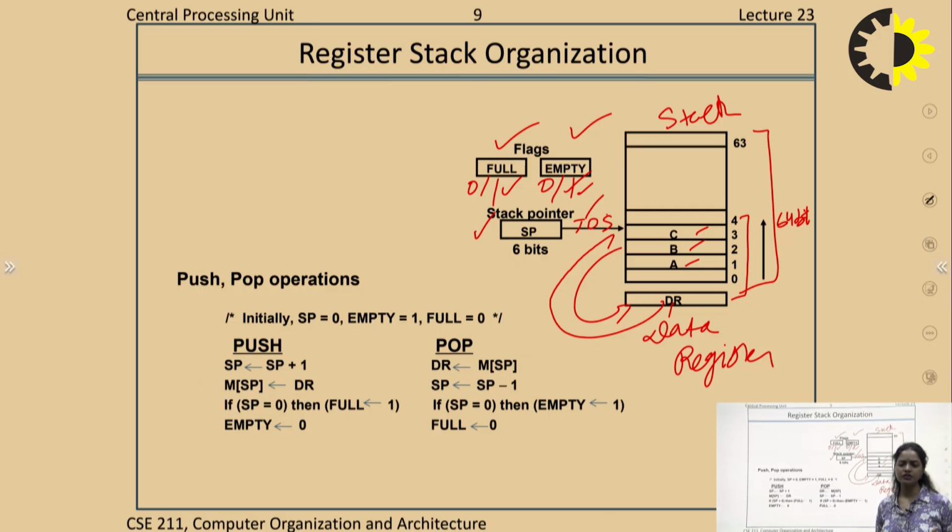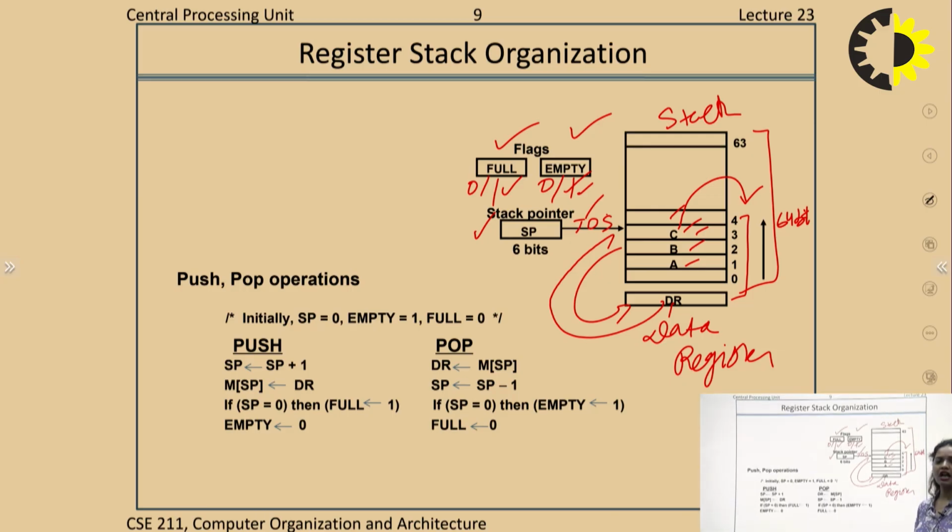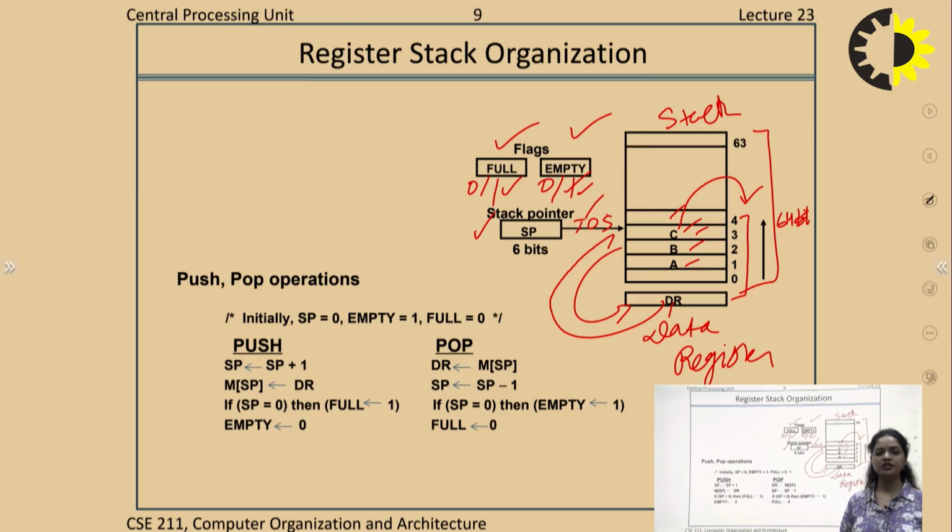Push is insertion and pop is deletion. LIFO means the element which is last in will always be first out. For pushing, we push to the top of the stack and pop from the top of the stack as well. So this is the stack organization in a register.